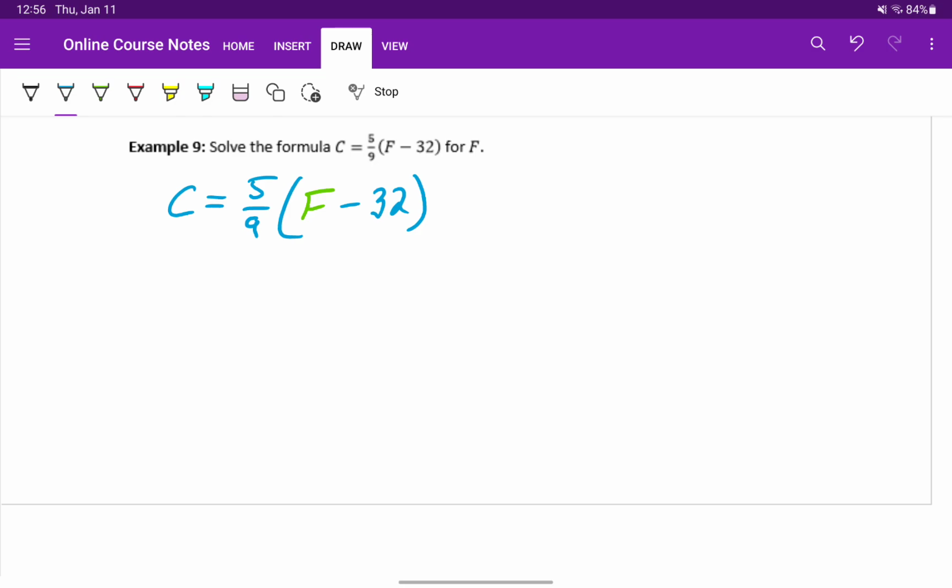Now we can think of this entire expression f minus 32 as being that variable term, since it's all contained in parentheses. We're going to identify that coefficient out in front, that 5/9, and multiply both sides by that reciprocal.